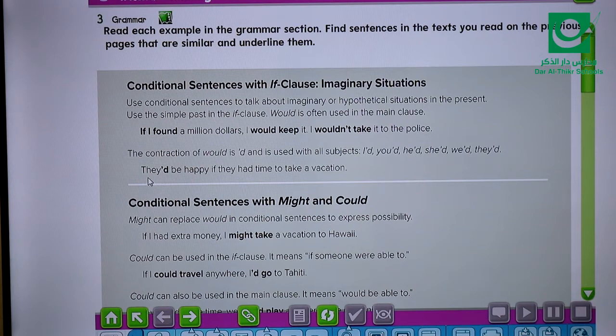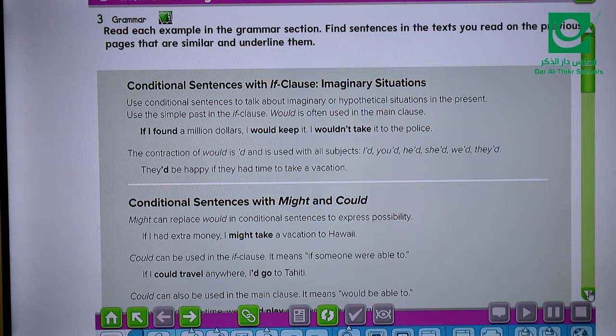I can say, they would be happy if they had time to take a vacation. Look here, if followed by the past form, had, then we have they would. So no problem if I put if in the middle, but still remember that if all the time in this situation is followed by the past form, if they had.